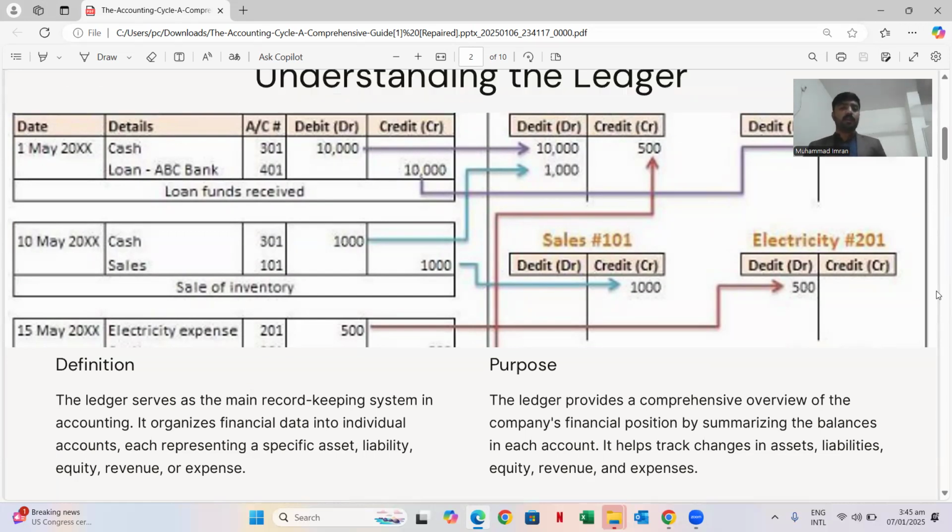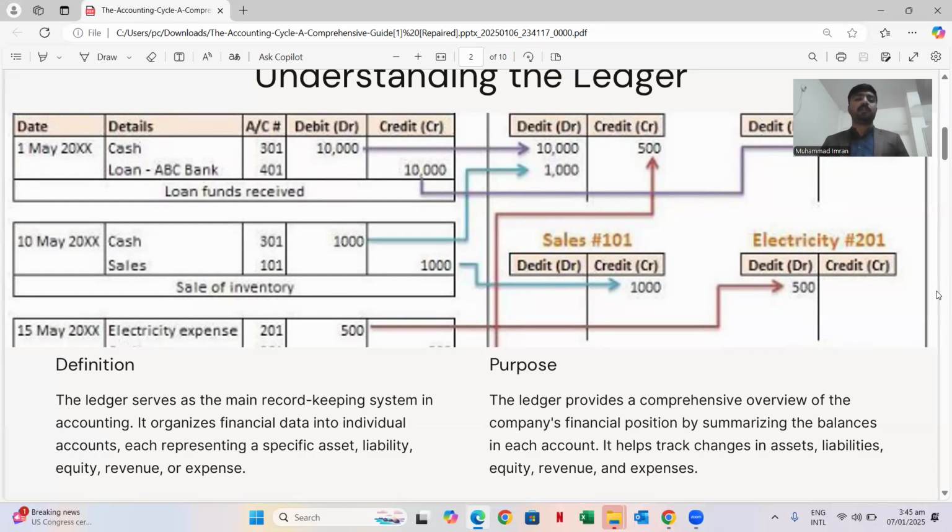We can see that different transactions are being made. In the very first transaction, a loan is received by a firm, in which cash of 10,000 is debited, and the loan received by that firm is credited by the same amount of 10,000.